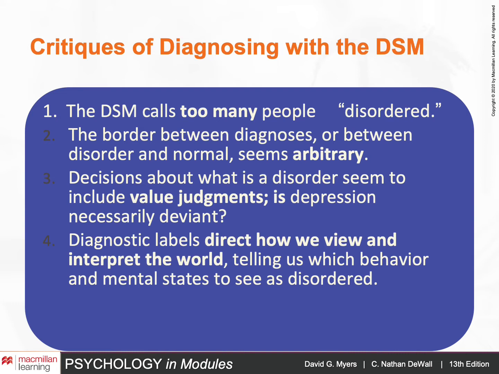The third criticism is that decisions about what is a disorder seem to include value judgments, right? So, for example, in much older versions of the Diagnostic and Statistical Manual, homosexuality was considered a disorder.